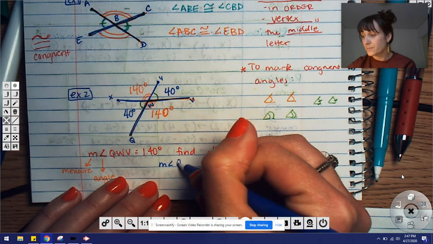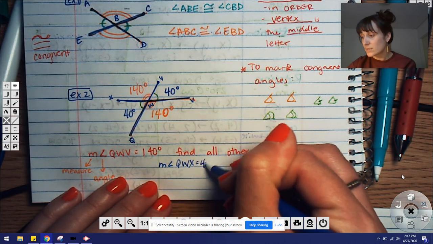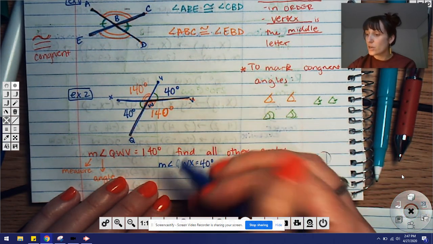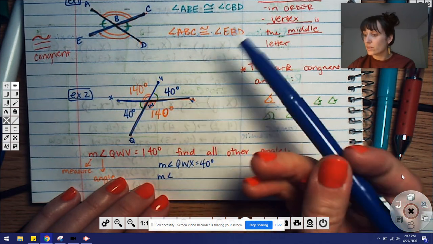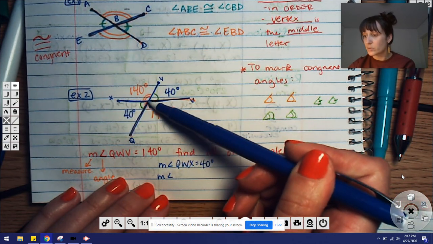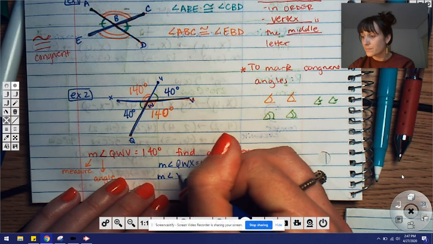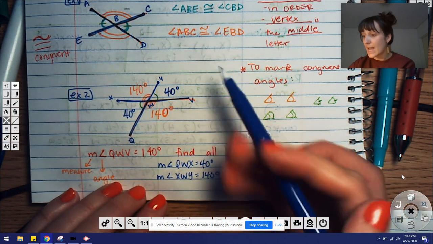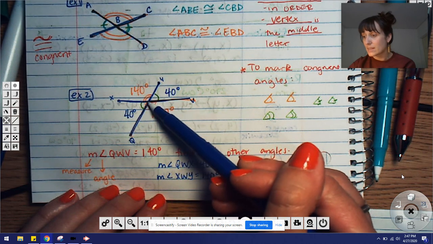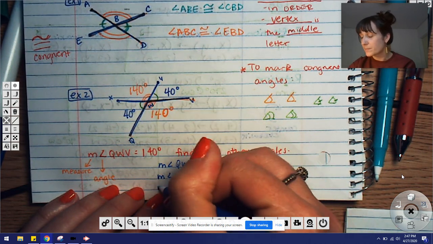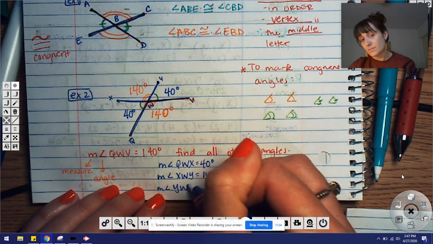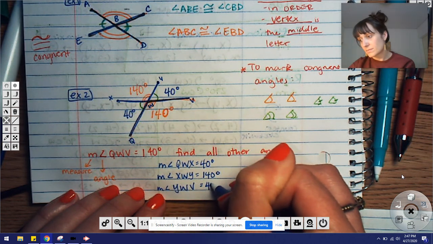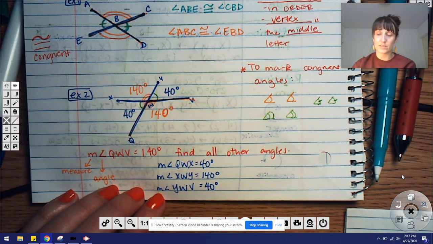So now I know the measure of angle QWX is 40 degrees. I know the measure of angle XWY is 140 degrees, and the measure of angle YWV is 40 degrees.